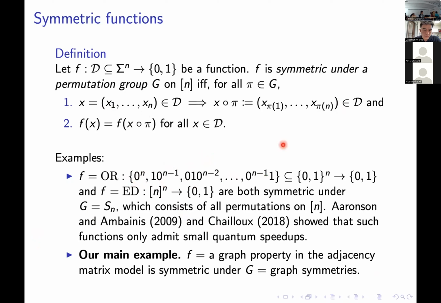So this domain, if we look at the first condition, is satisfied because however we permute the domain, we still end up in the domain. And moreover, the second condition is satisfied because whether a string has a 1 or not, which is the defining condition for the OR function, does not change, however you permute an input string.